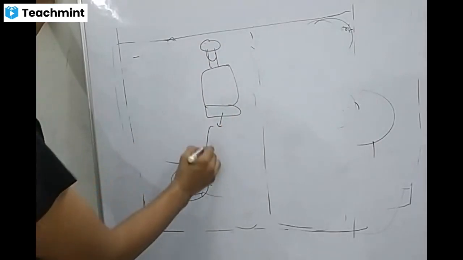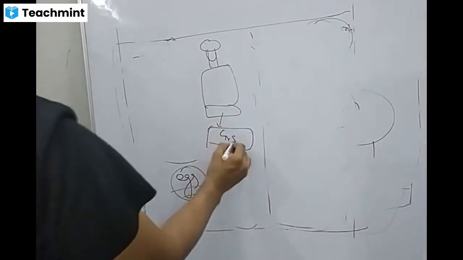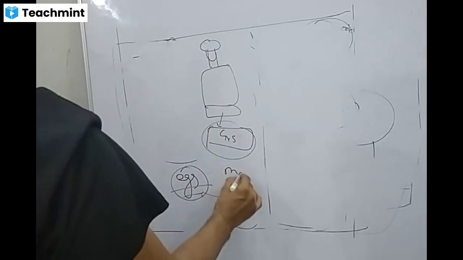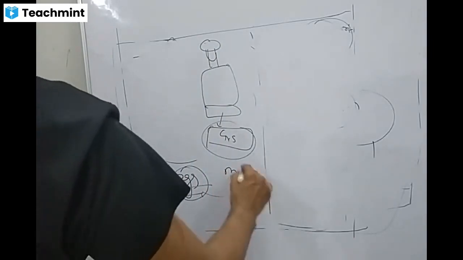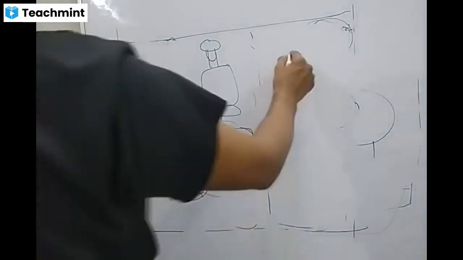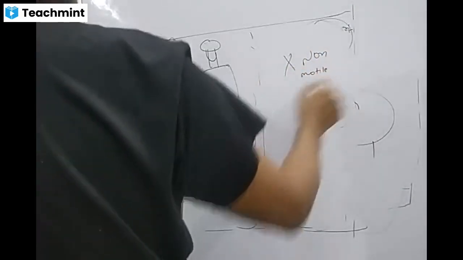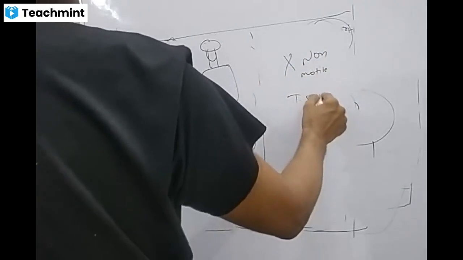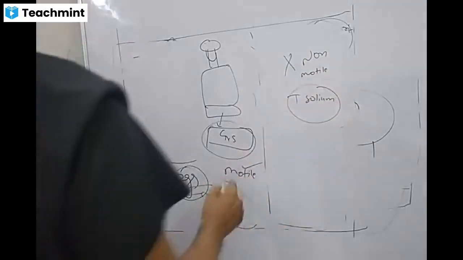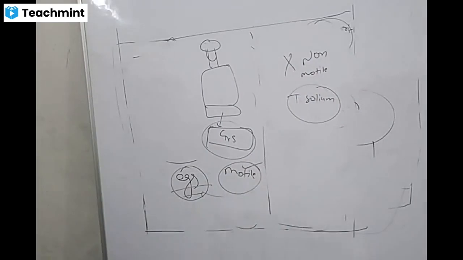It is shedding the gravid segment. This gravid segment is motile in case of saginata. This is non-motile in case of your Taenia solium. This was asked in 2019.